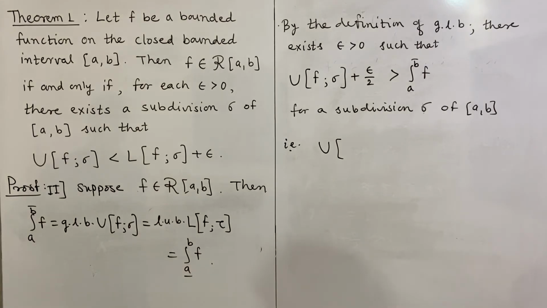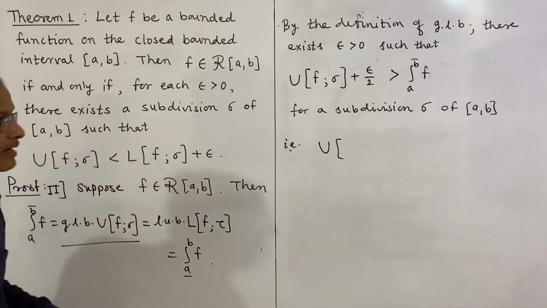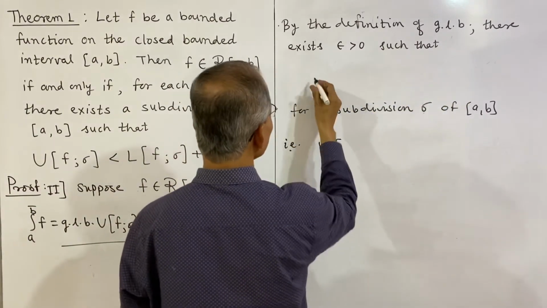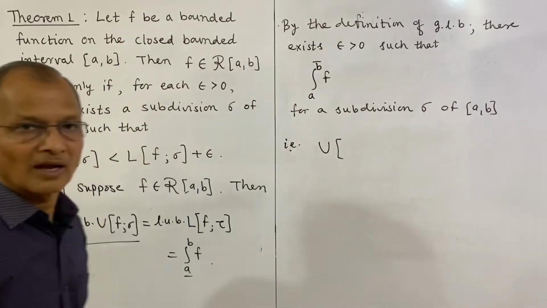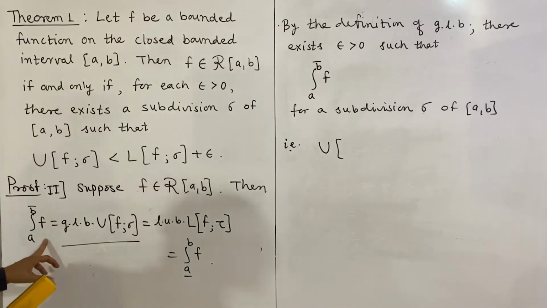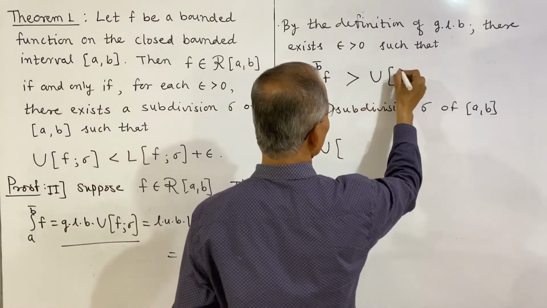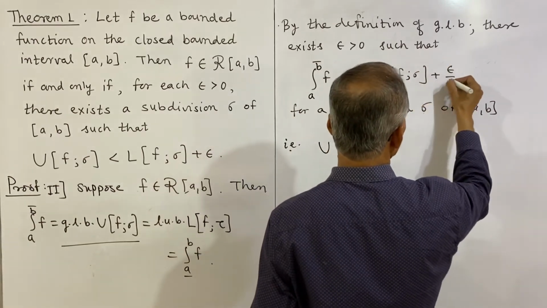So this relation is to be corrected: the GLB is this quantity, the upper integral from a to b. So we should write that the upper integral from a to b is the smallest, and this becomes greater than any upper sum on sigma plus epsilon by 2.